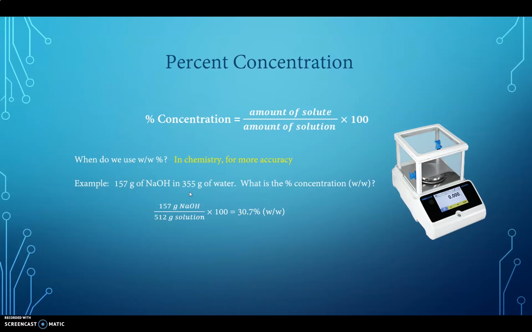So you notice I didn't put the 355 grams in here because that's just the solvent. I need the solvent and the solute together, and that adds up to 512 grams, and that gives me about a 31% weight concentration.